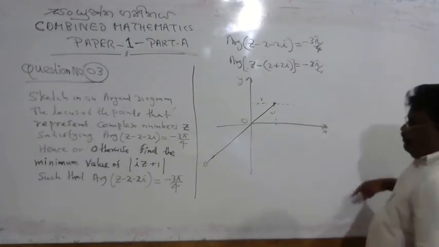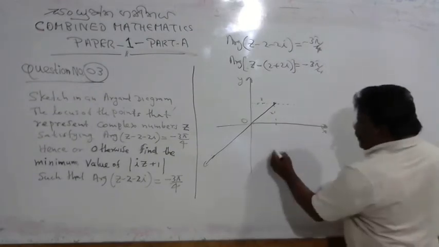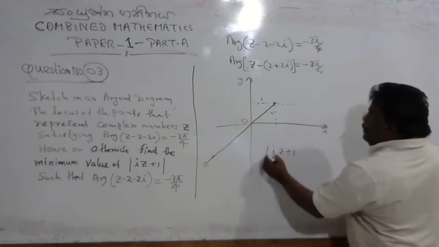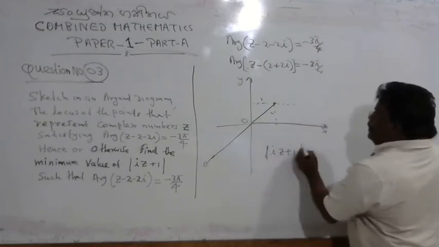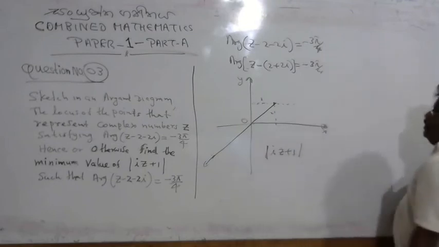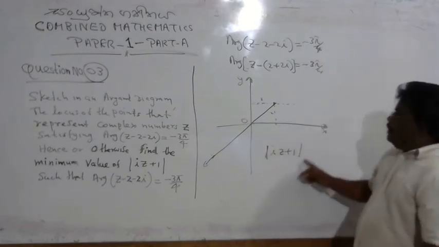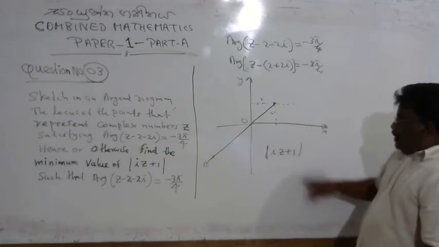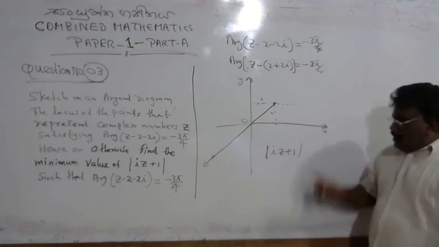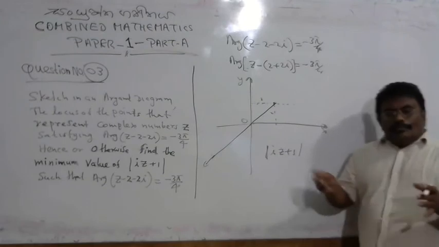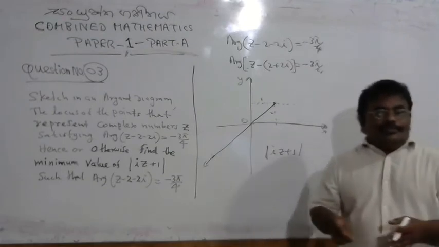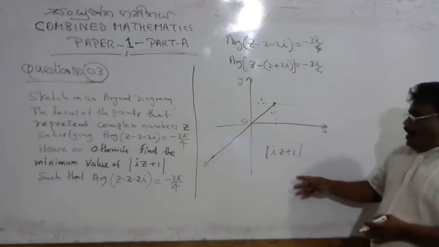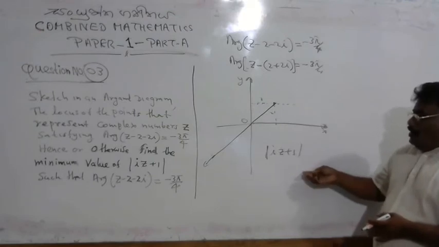Thereafter, they ask to find the minimum value of this one, |iz̄ + 1|. What is the minimum value of this? This is something different. At once you can't imagine what this is. But normally they always ask for a distance, so you should try to see which distance they are asking.